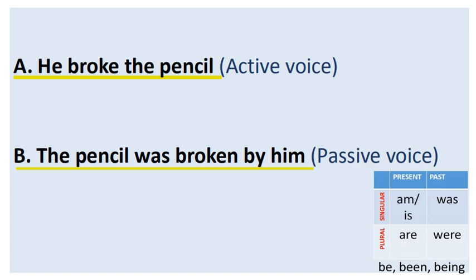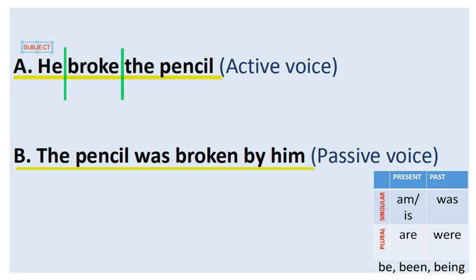The first thing to do is to analyze your active sentence into subject, verb, and object, and adverbial, if there is any adverbial. After doing this, it will be easy for you to convert it to the passive voice. The active voice has the subject he, which is also the performer.